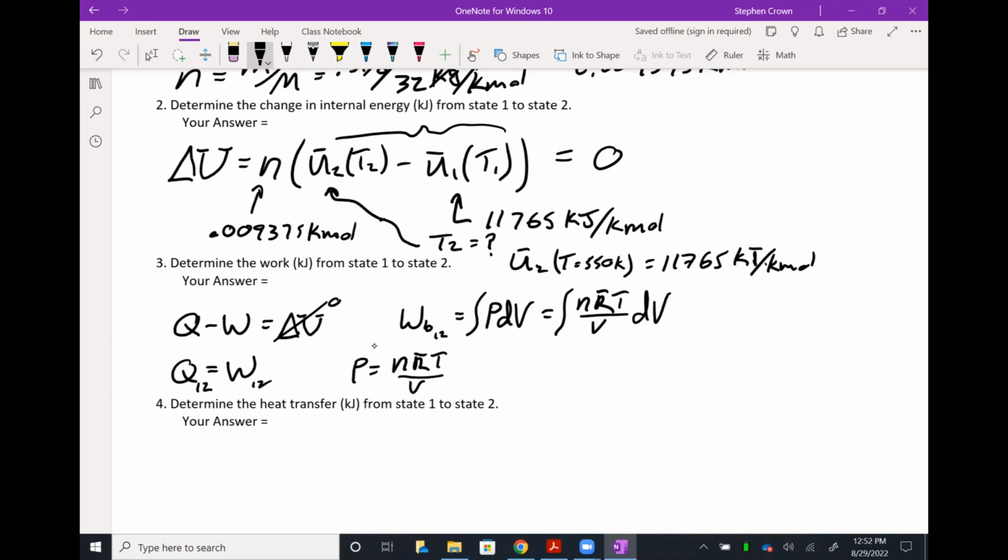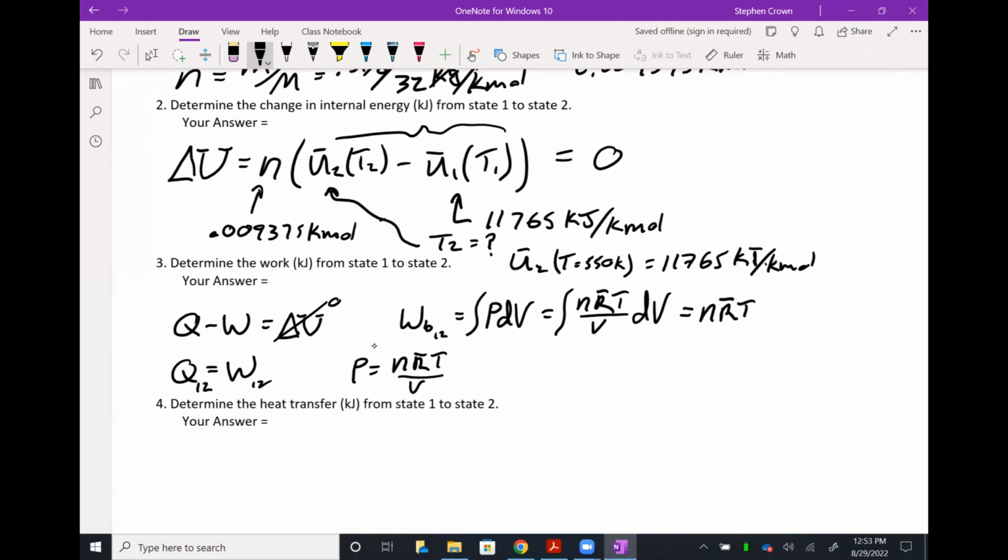The moles of oxygen isn't changing in this process. The gas constant's not changing. The temperature is not changing, since it's an isothermal process. So we have three constants that we can take out: N R bar T times the integral of 1 over V dV.